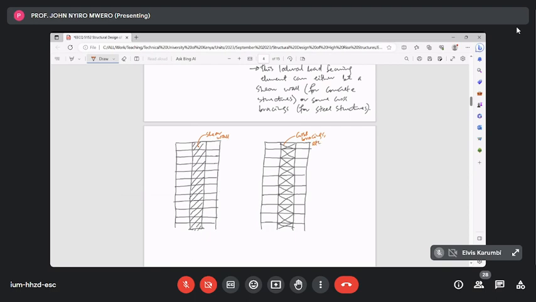I'll say cross bracings etc because there's a whole array of types of bracings that you can use in a structural steel building to brace it against sway, against the lateral loads and lateral deformations.